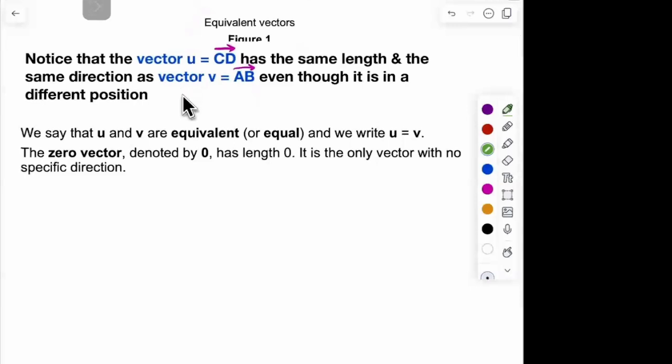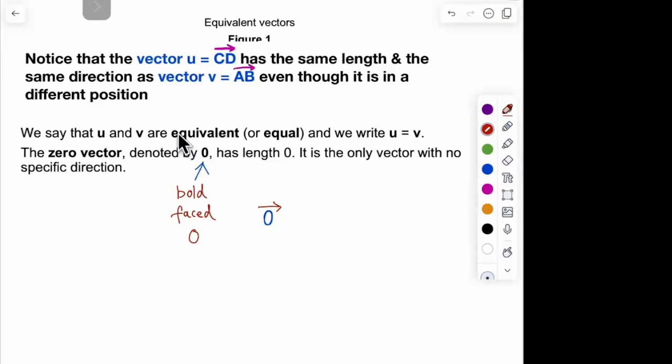The zero vector is denoted by a bold-faced zero. If you don't want to make it bold-faced, you can put a zero there and put an arrow on top. That is a zero vector. What will be the length of the zero vector?